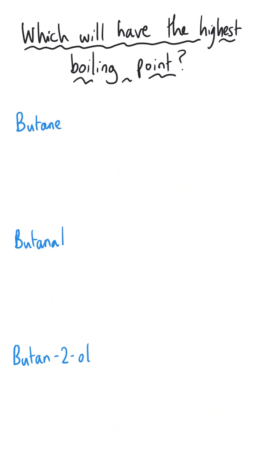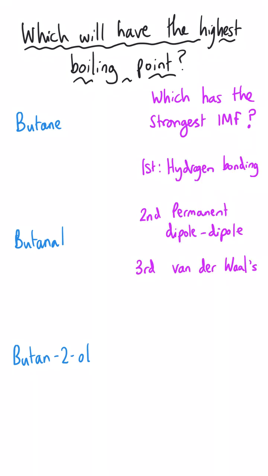One of the questions that you can be asked about intermolecular forces is about the property of boiling point. And you might be asked which of the following could have the highest boiling point. And when you're doing that, what you're looking for is the molecule that's got the strongest intermolecular forces. And so we're most likely to be working our way through the intermolecular forces, seeking the one that's got hydrogen bonding.